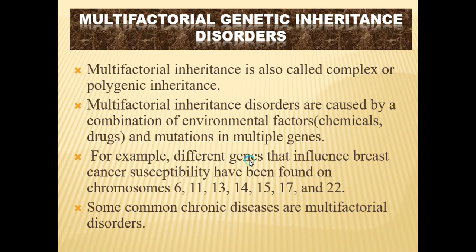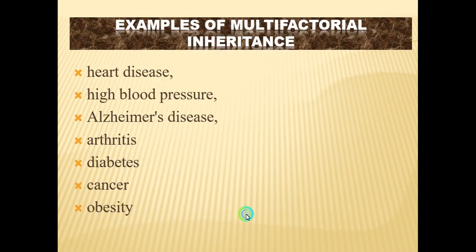There are some different genes that influence breast cancer susceptibility, and these are found in chromosomes 6, 11, 13, 14, 15, 17 and 22. So if any person has breast cancer susceptibility in any of these chromosomes, and such a person is exposed to environmental factors, the chance of a genetic disorder occurring is greater.